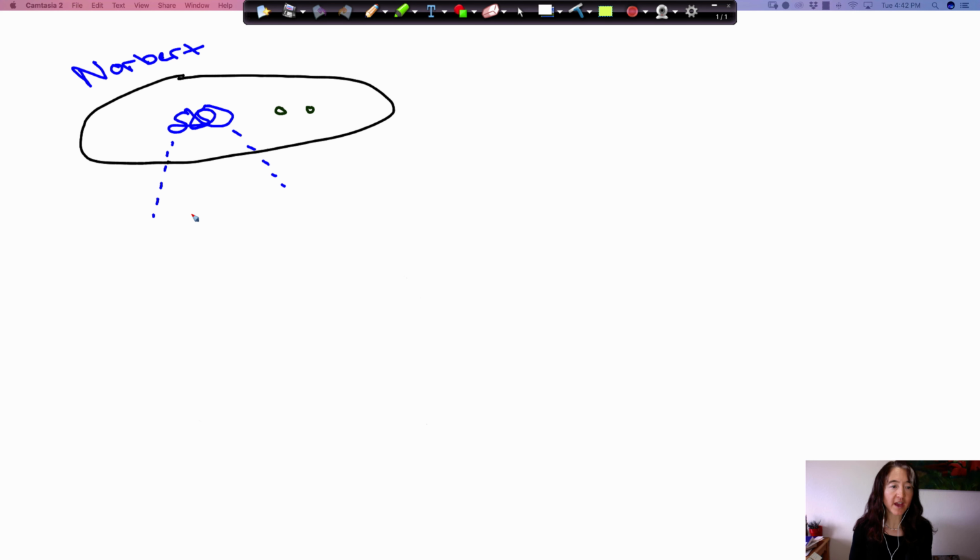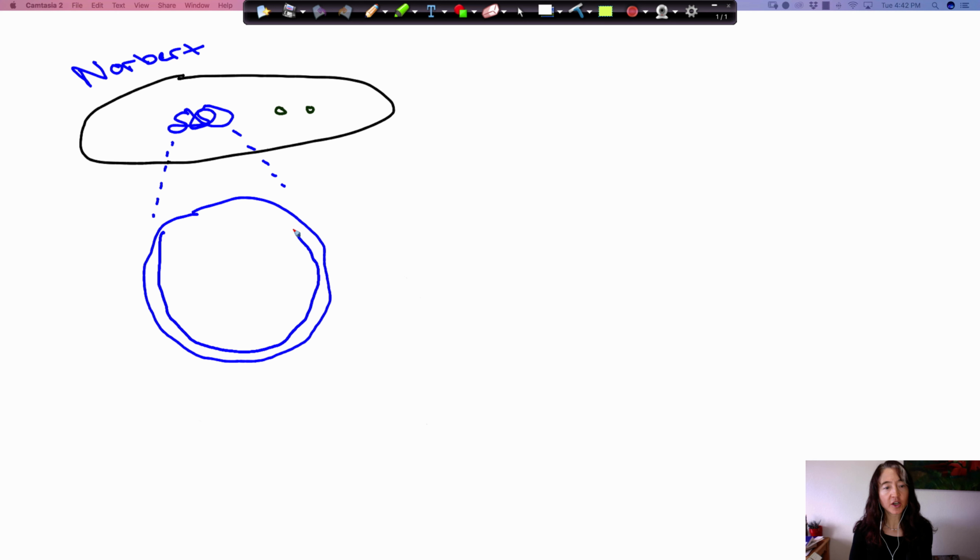So we remember that the chromosome is a single circular piece of double-stranded DNA. So I'm showing both strands, showing that it's circular, and recognizing that as the chromosome.